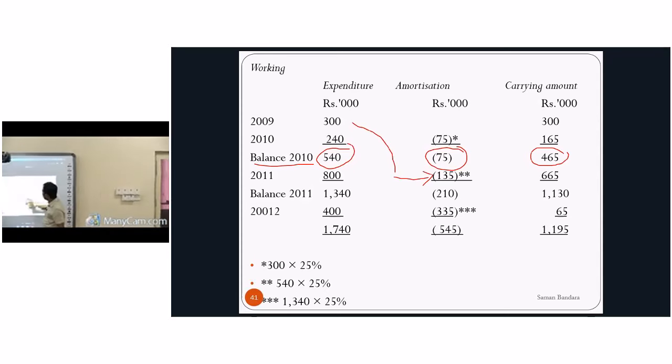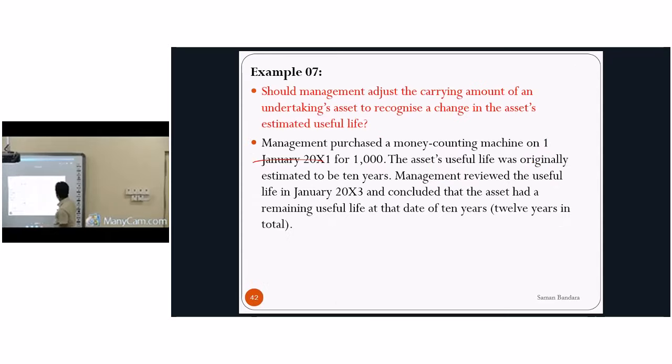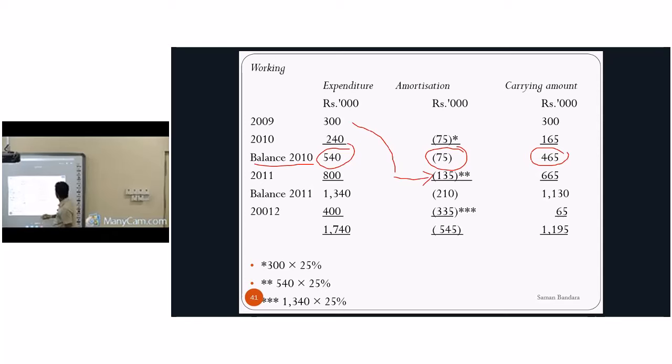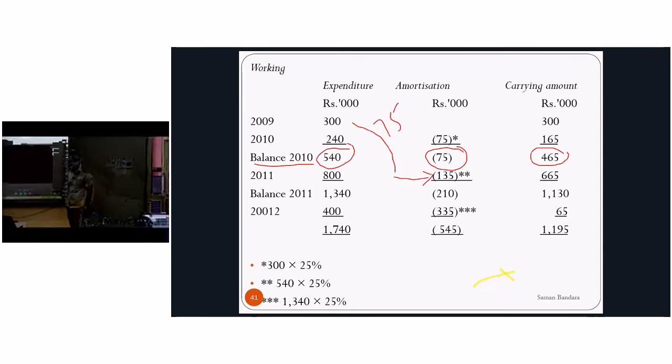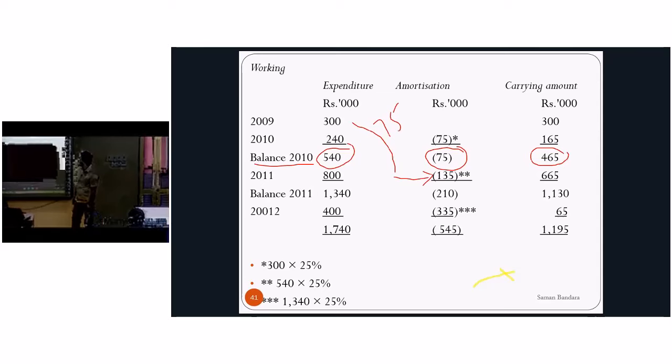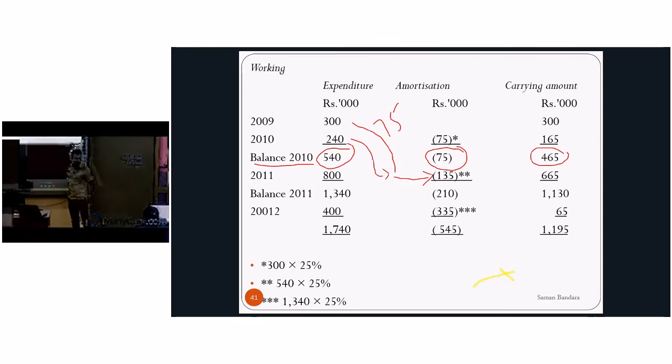From this 300, from that 75, and from 240, how much? 60.